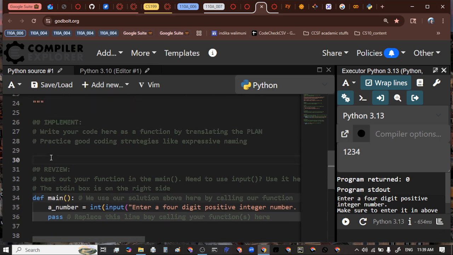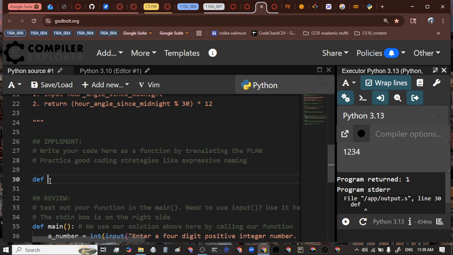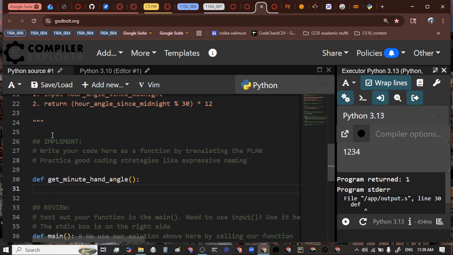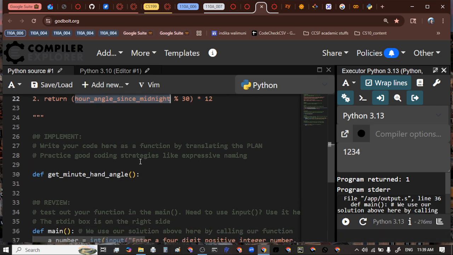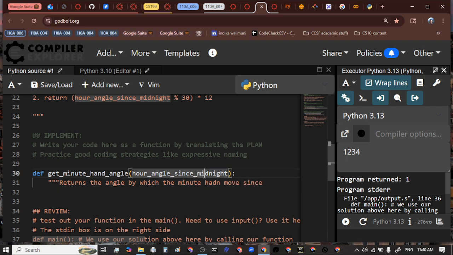So def, I'd say get angle. The input is going to be this, and it returns the angle by which the minute hand moves since this.